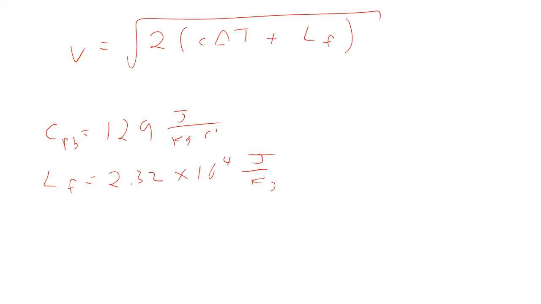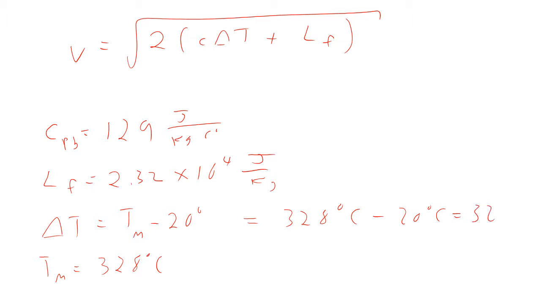We need to know delta T. So delta T is going to be the melting temperature minus my initial temperature. So we need to look up the melting temperature. So the melting temperature of lead is 328 degrees Celsius. So that means that delta T is 328 degrees Celsius minus 20 degrees Celsius.